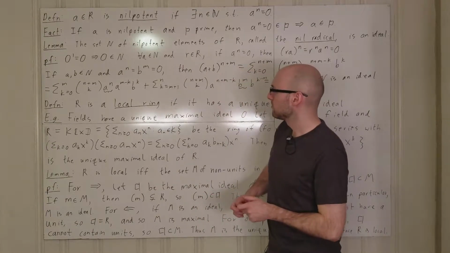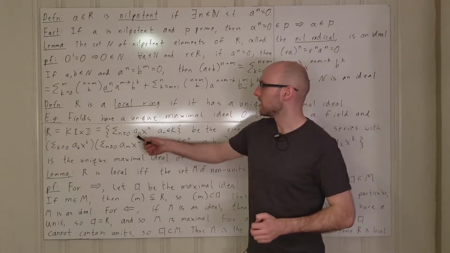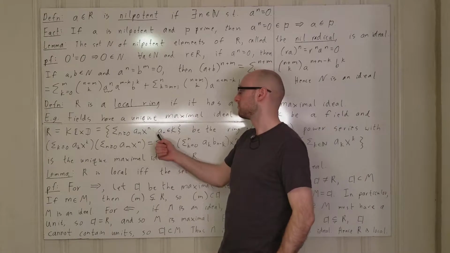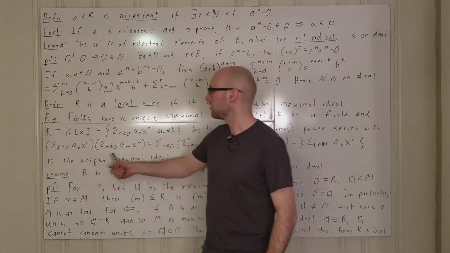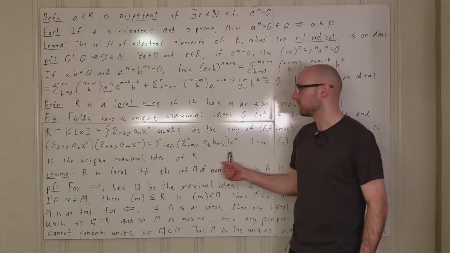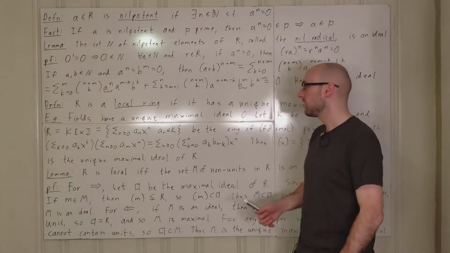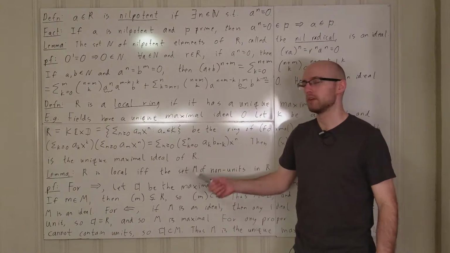We don't have any restrictions on these coefficients. They can be any elements of the field K. And we define multiplication the same way that we define it for polynomials. It's just that these sums are now infinite.